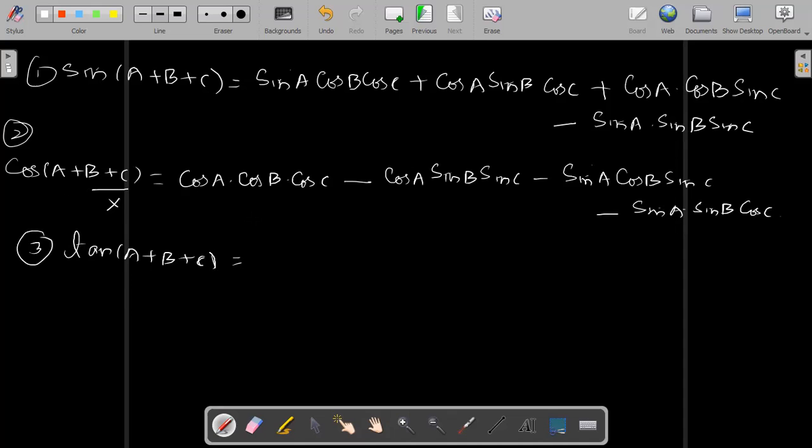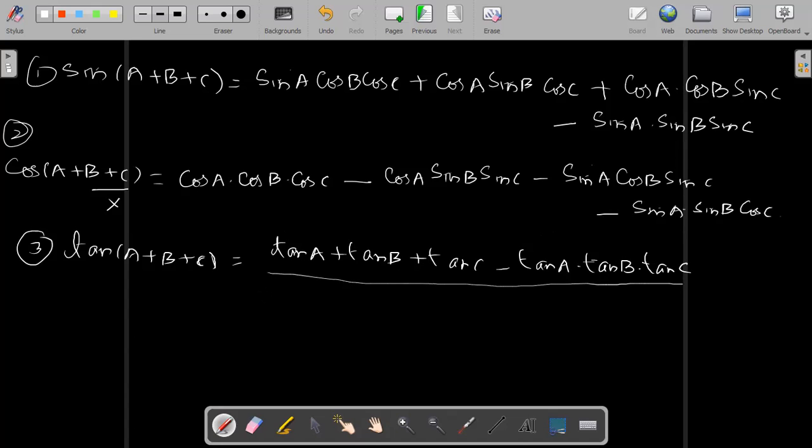Tan(A+B+C) is equal to tan A plus tan B plus tan C minus tan A tan B tan C, divided by 1 minus tan A tan B minus tan B tan C minus tan C tan A. So this tan formula is easier to remember as compared to others.